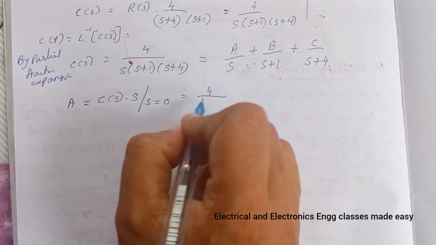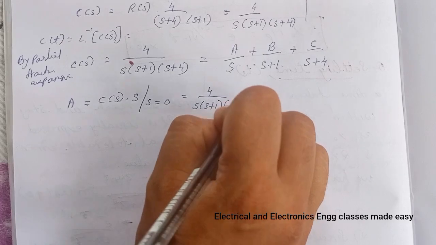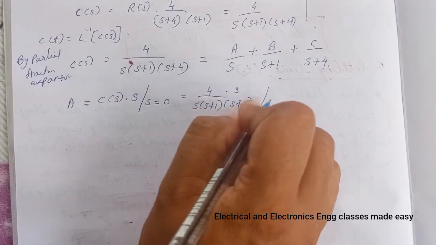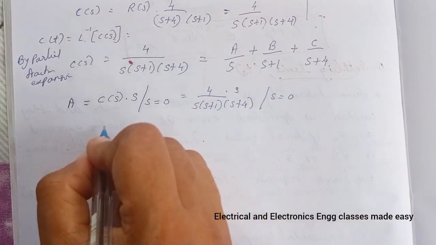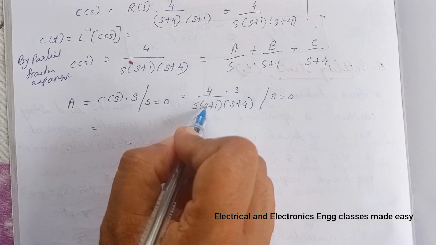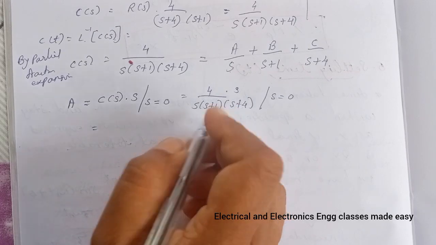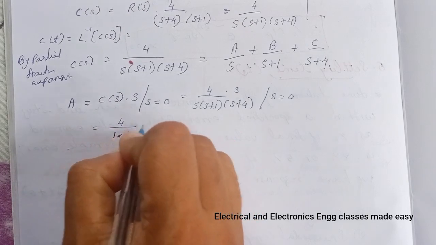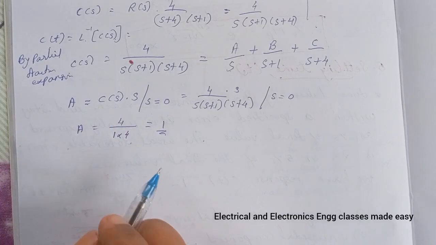That is 4 divided by (s plus 1), (s plus 4), then into s at s equal to 0. So this s cancelled and we get at s equal to 0 means here we get 1, here we get 4. That is 4 divided by 1 into 4, that is 1. So the value of A is 1.